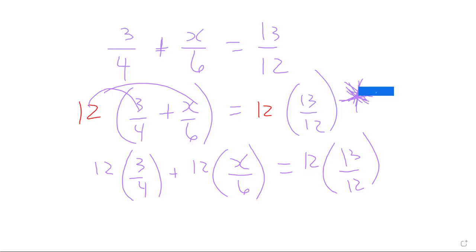So 4 will go into 4 one time. 4 will go into 12 three times. 6 will go into 6 one time. 6 will go into 12 two times. 12 will go into 12 one time.